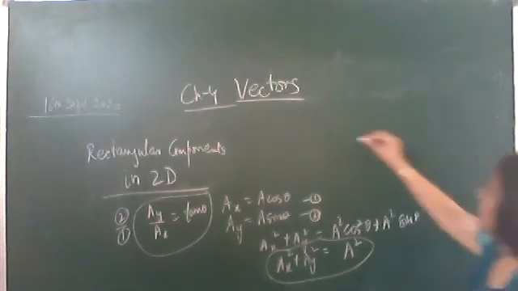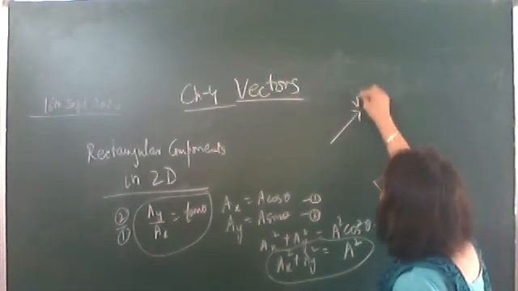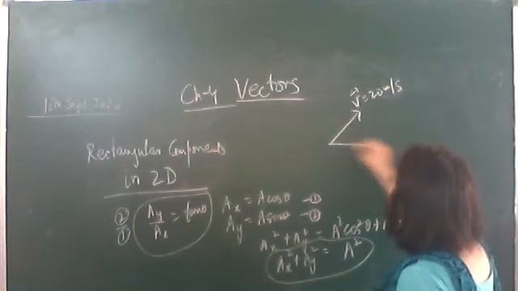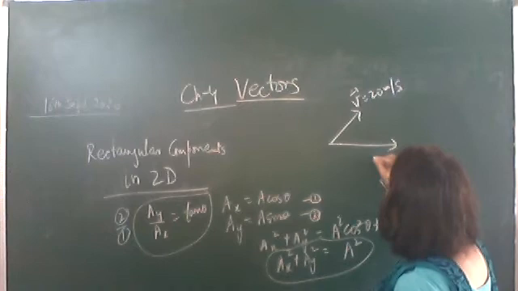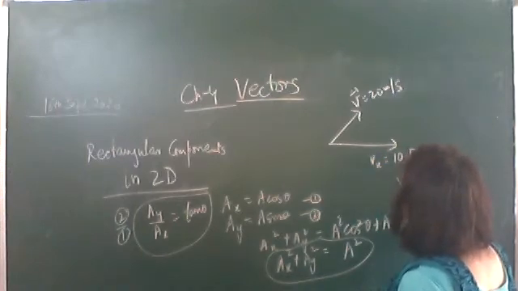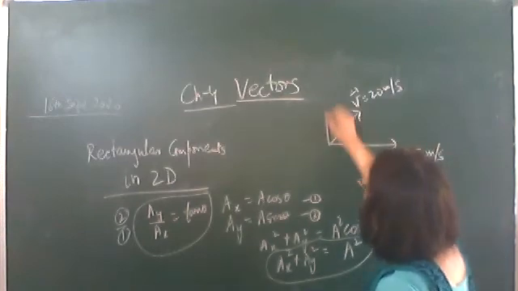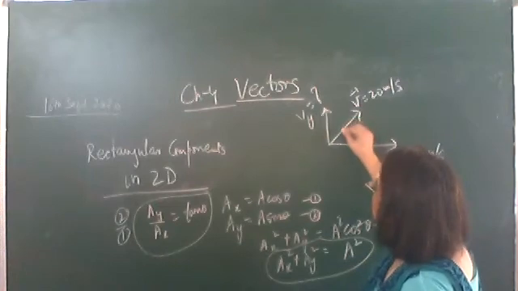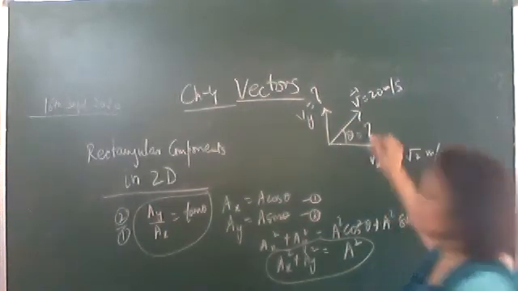Let a velocity vector be 20 meters per second, and its x component is 10 root 2 meters per second. Find its y component and angle theta.